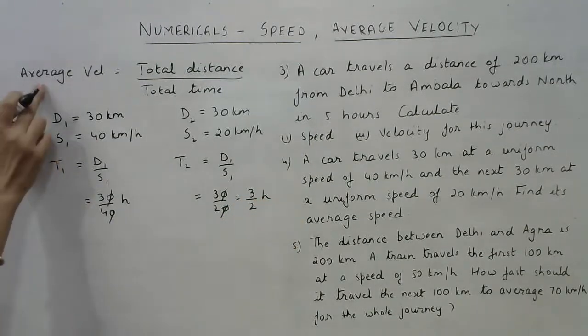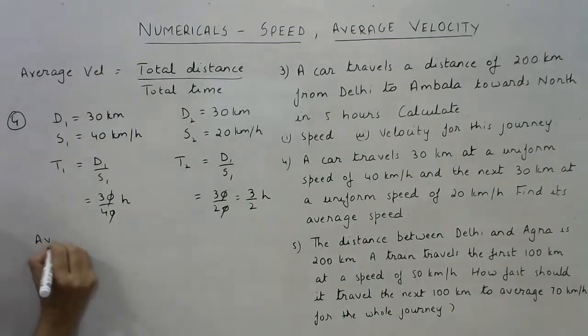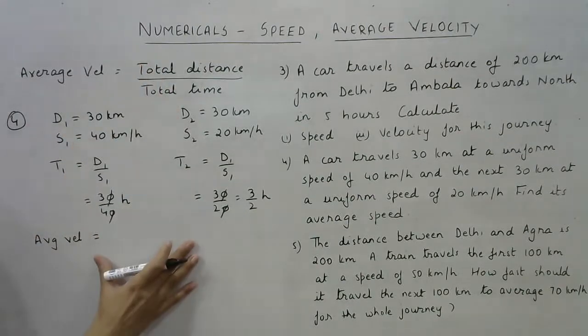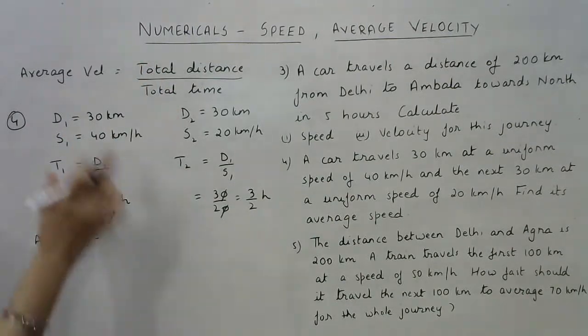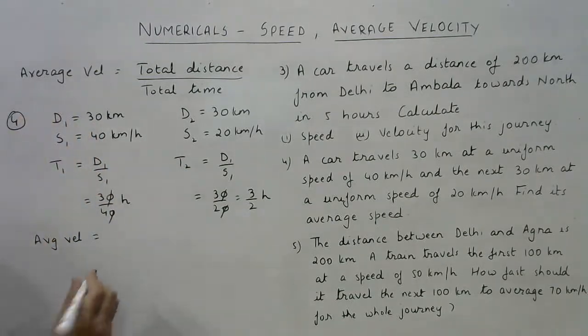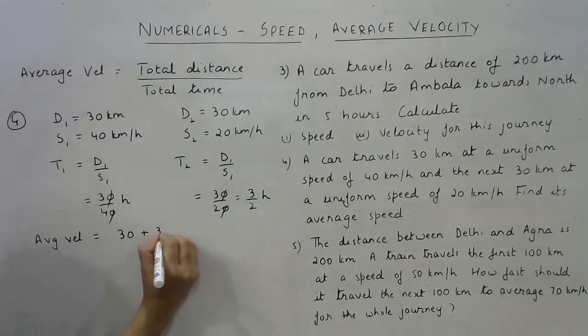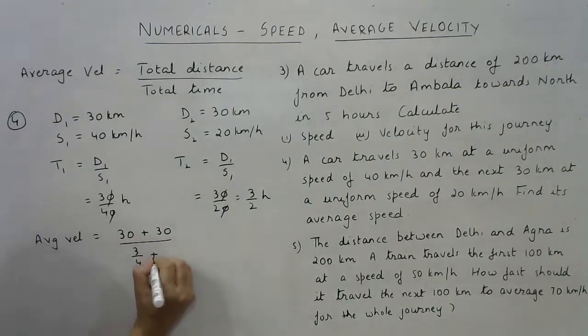Now we will use this formula for average speed, average velocity. Average velocity is equal to, in your notebook you need to write down the formula over here. I will not be writing the formula, I am directly substituting the values because the formula is already written on the board. Total distance becomes d1 30 plus d2 30 upon t1 is 3 by 4 and t2 is 3 by 2.